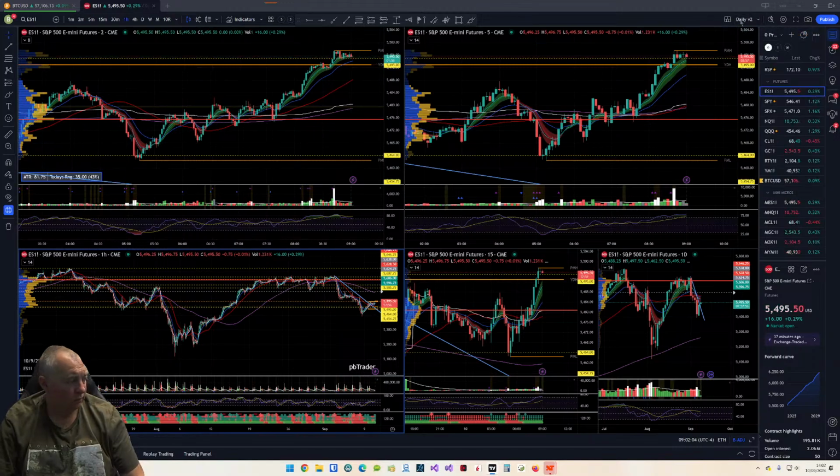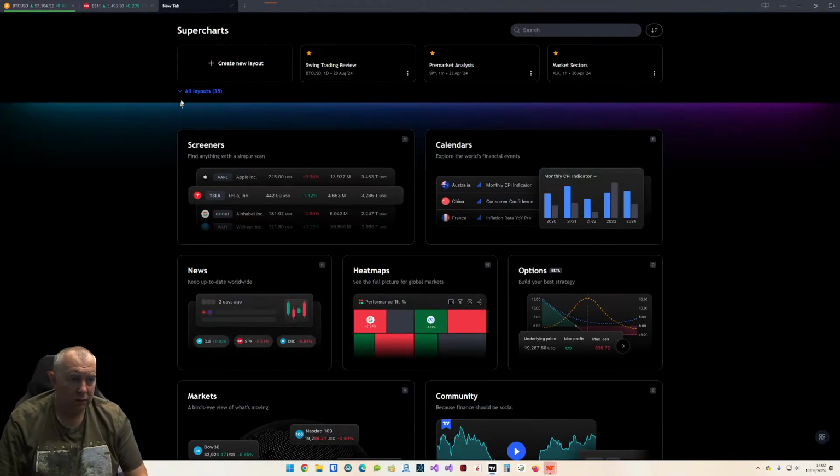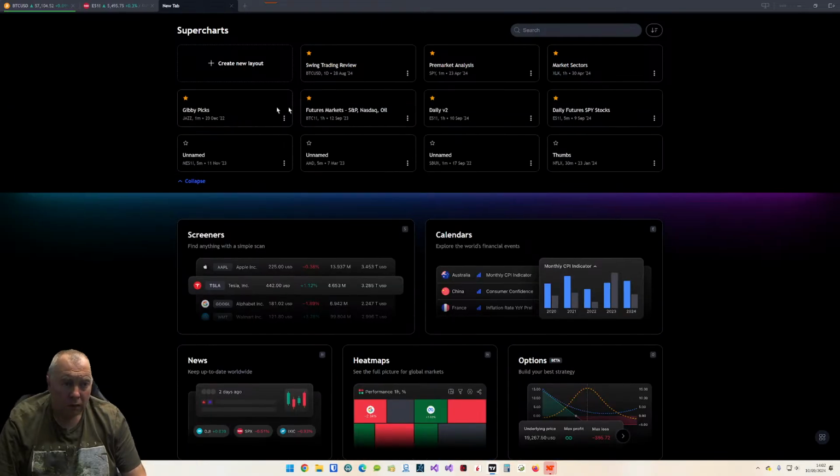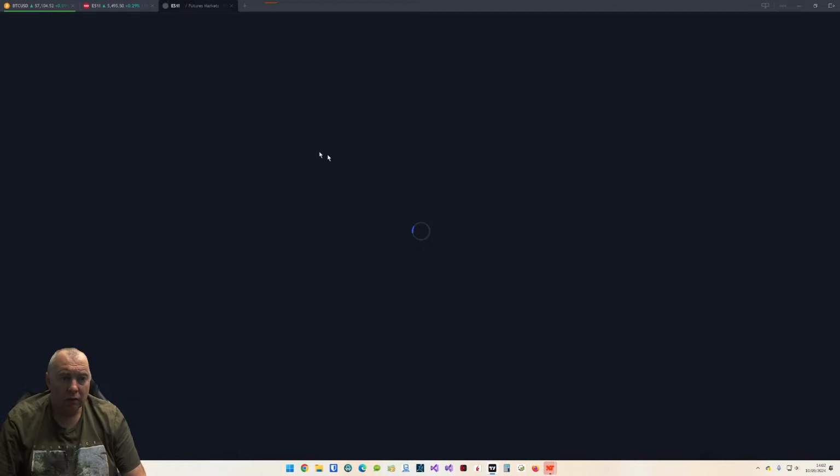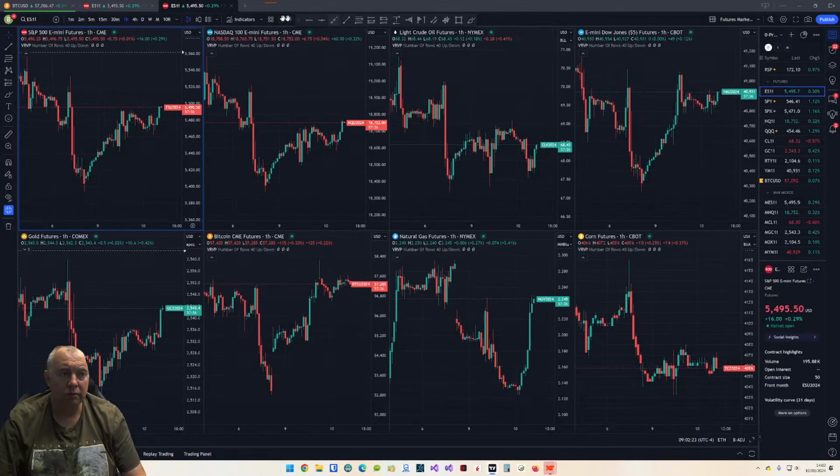For some reason my TradingView, load layout, new layout. Is it that one? Nope, that's my thumbnails.